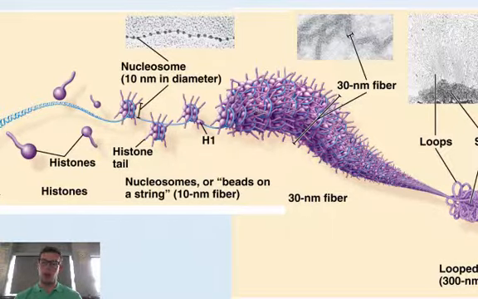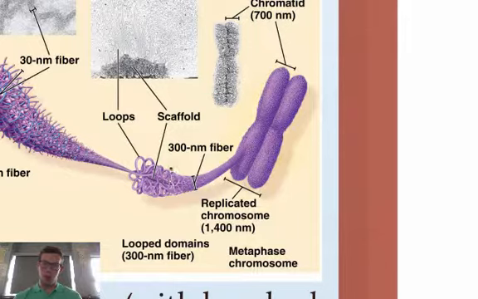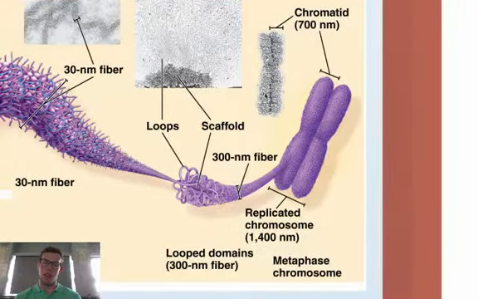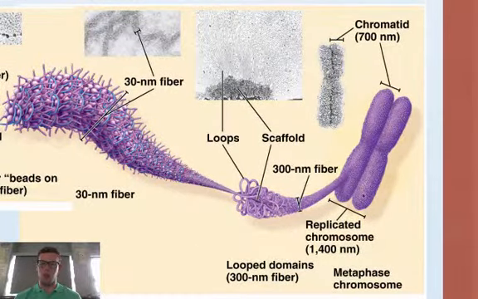Once those nucleosomes start to wrap up together, you get this chromatin fiber, and once this chromatin wraps around and around and around, it eventually becomes what we would call a chromatid. Two chromatids make up a chromosome. So this is what you would look at when we talk about genetics, and also this is what we saw in metaphase of mitosis.